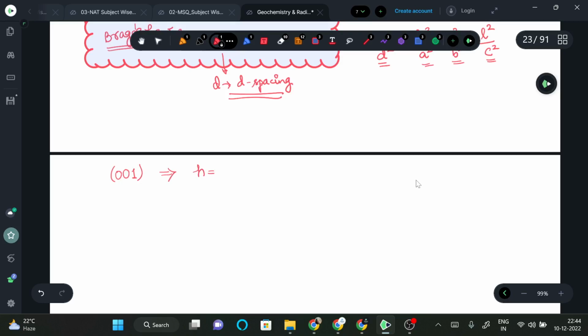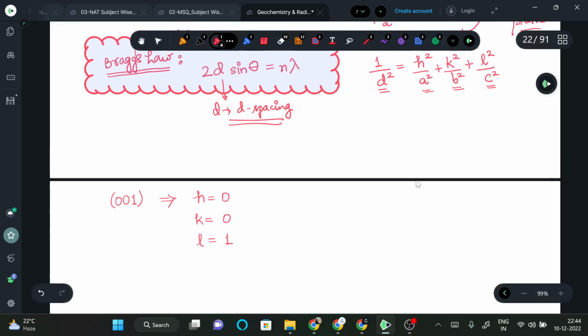What is H? What is K? 0 and 1. 001, right? This is HKL. So we will put this in this formula and we will define D for the 001 phase.